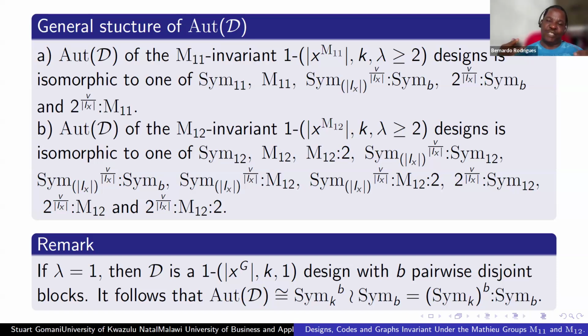Remember that the code that you're constructing is derived from the row span of the incidence matrix of the design. So the rows of the incidence matrix become generators for the code. So then the automorphism group of the design should sit in the automorphism group of the code, not the other way around. Oh, okay. Yes, the automorphism group of the design is included in the automorphism group of the code.